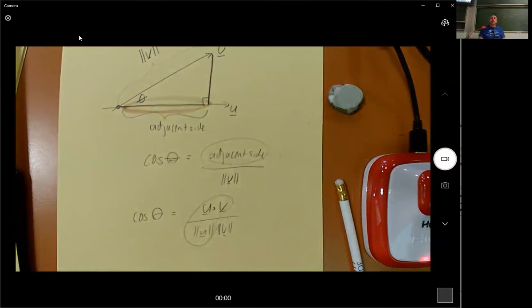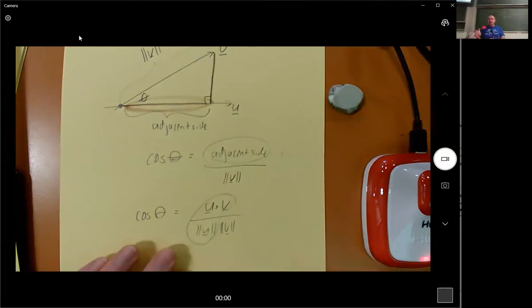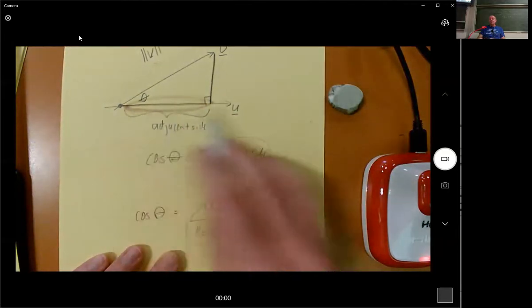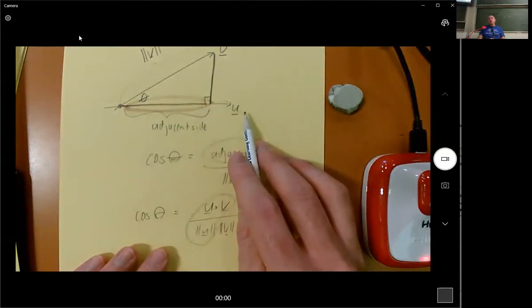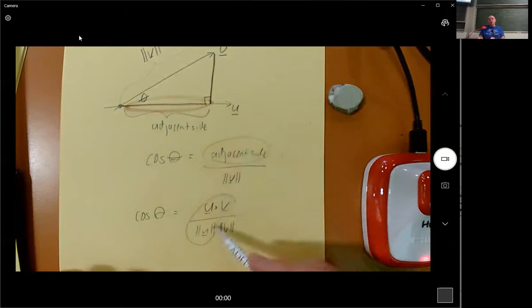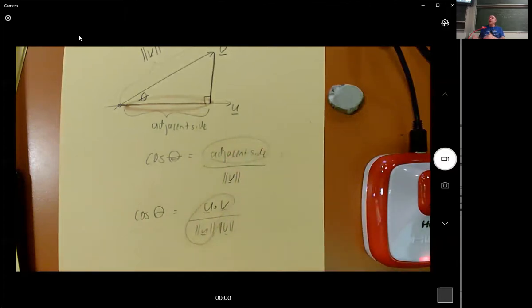We're nearly there. So this is how long this vector is. It's in the direction of u. So if I made a unit vector in the direction of u, a vector of length 1, and then multiplied it by this length, then it would be the correct length.